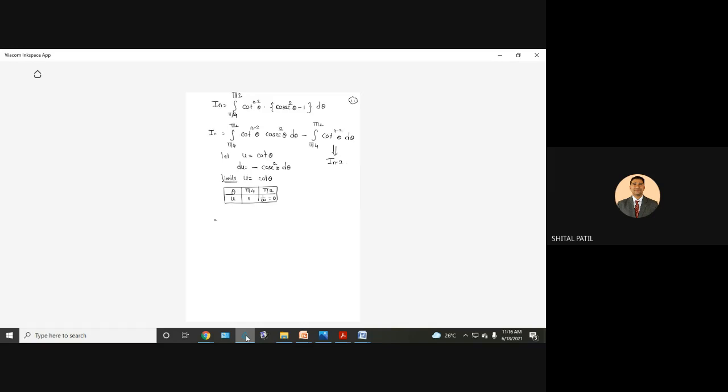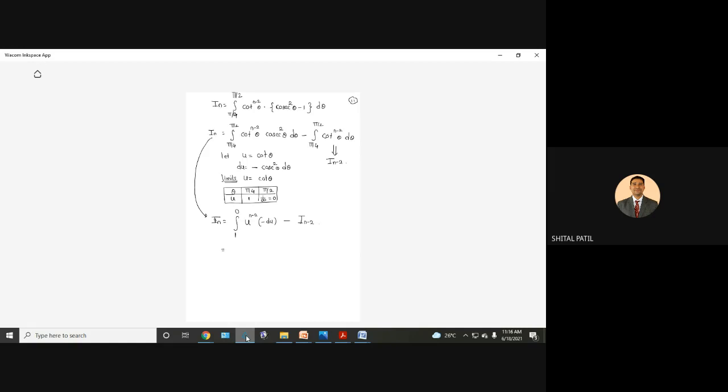I_n equals integration from pi by 4 to pi by 2, that will become 1 to 0. Then cot raised to n minus 2 theta will become u raised to n minus 2. Then cosec square theta d theta becomes minus du. And then we have I_{n-2}.